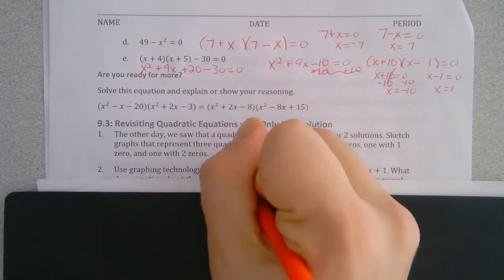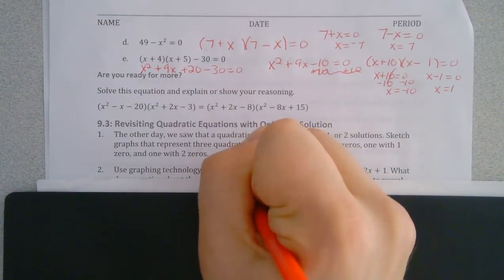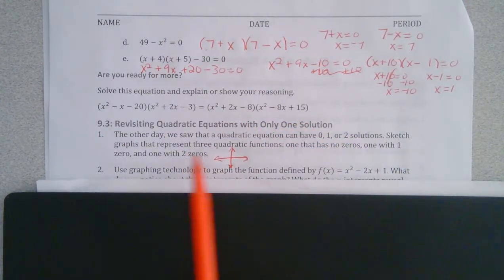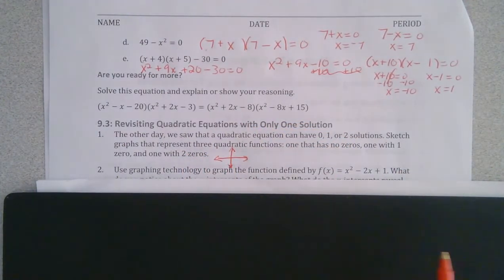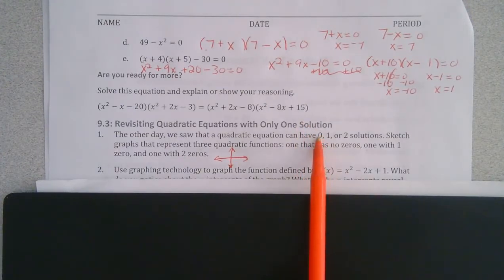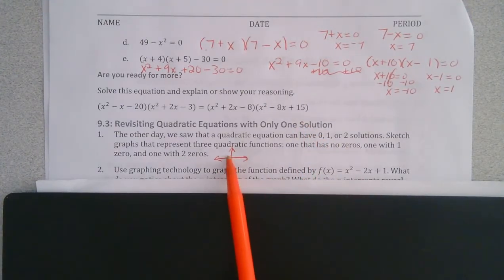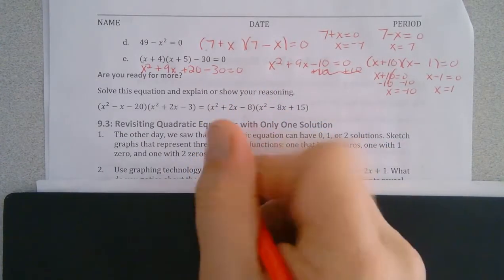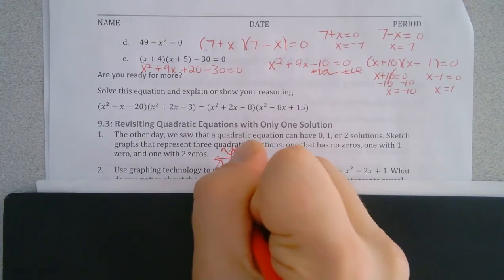So if I do that, remember a solution of a quadratic equation was just when it hits the x-axis. So zeros are another term for how many times it crosses the x-axis. So to have no zeros is just meaning the quadratic equation does not touch the x-axis. So it could look like this, could look like that.